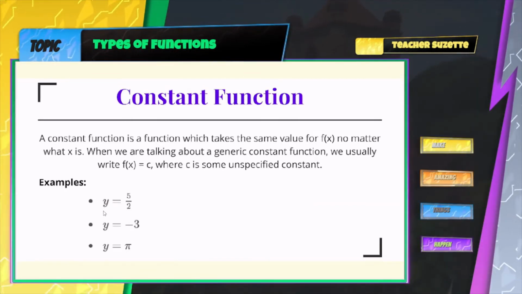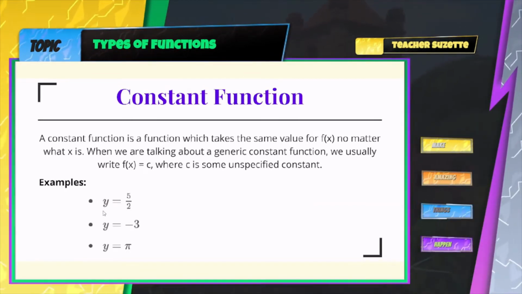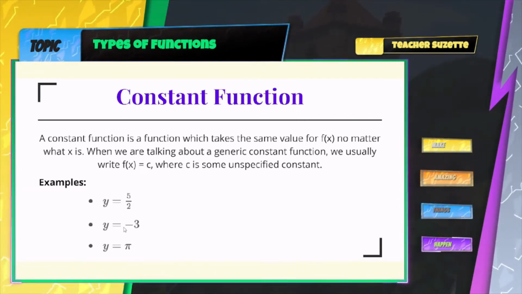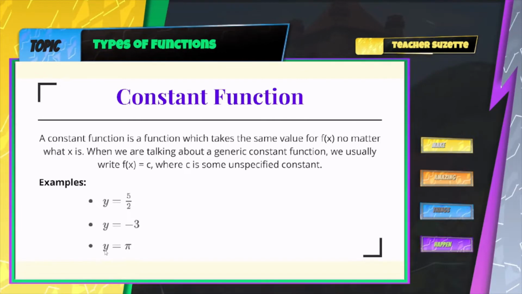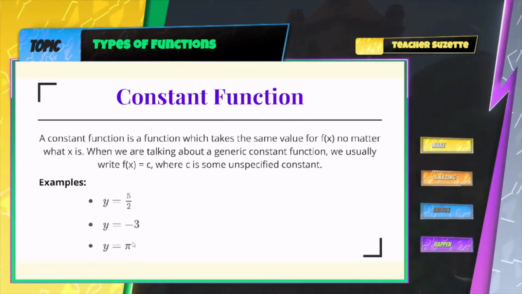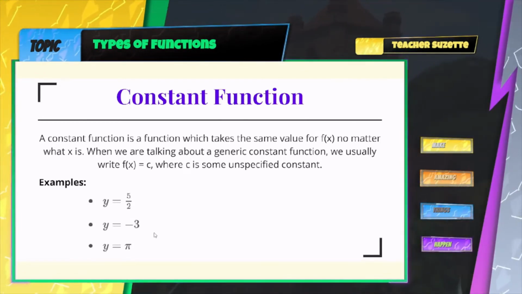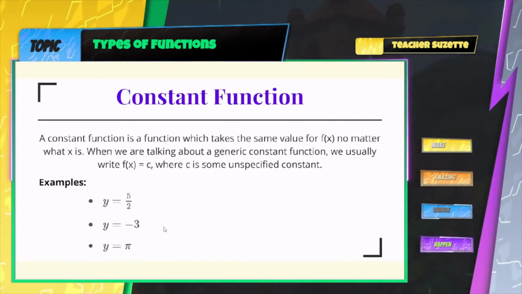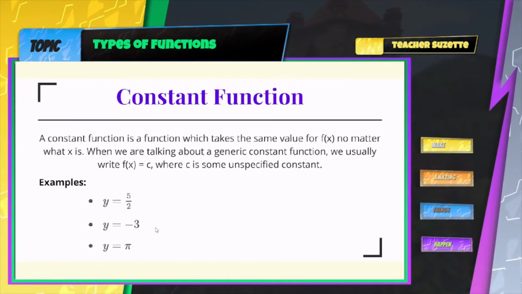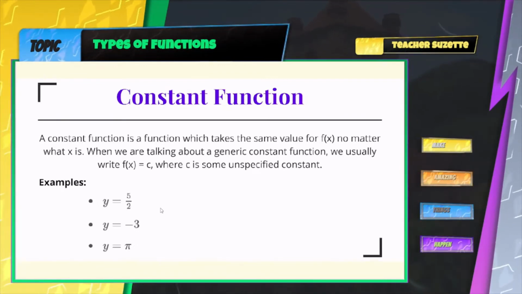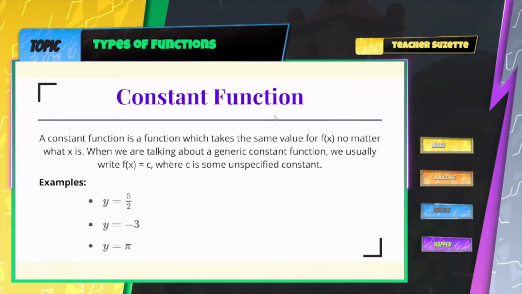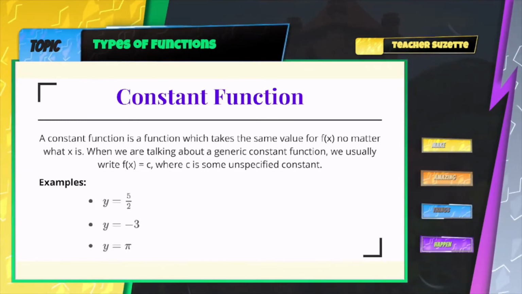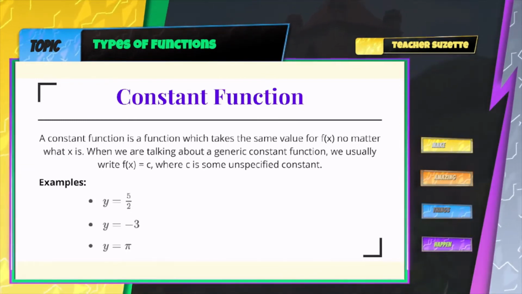So when you look at the examples, your range, which is your y value, is equal to 5 over 2, y is equal to negative 3, and the other one is y is equal to 5. So it means that the output values of the function at any input or any values of x is the same. That is why for a constant function, its graph is a straight horizontal line.